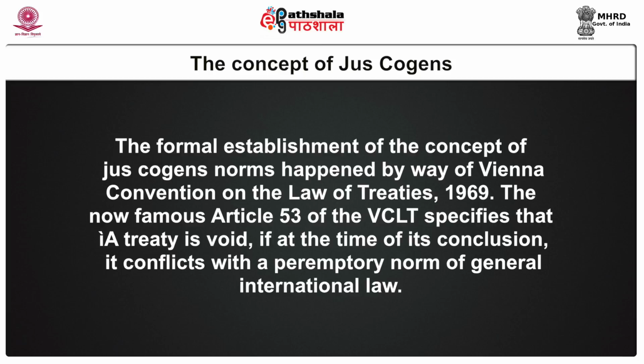The formal establishment of the concept of jus cogens norms happened by way of the Vienna Convention on the Law of Treaties of the year 1969. The now famous Article 53 of the Convention specifies that a treaty is void if at the time of its conclusion it conflicts with a peremptory norm of general international law.